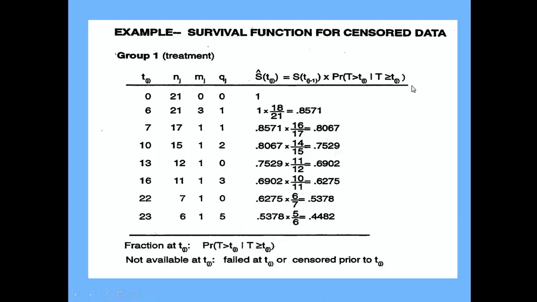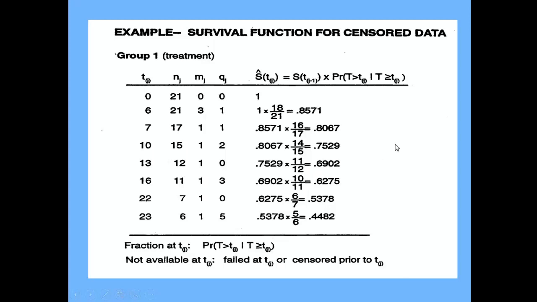This is the formula for the Kaplan-Meier estimate, which allows for censorship because it allows the risk set to change. Once you get to a certain point, you consider the probability in the risk set that is available at that point to get the Kaplan-Meier curve. That's how you get all these different probabilities.